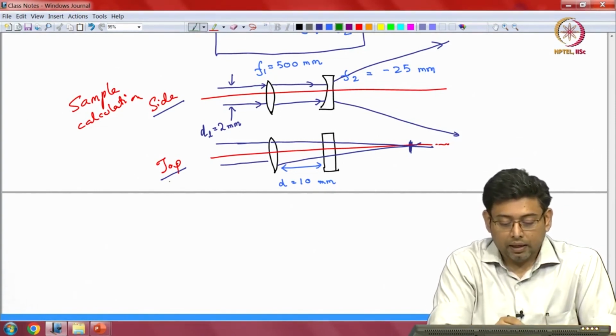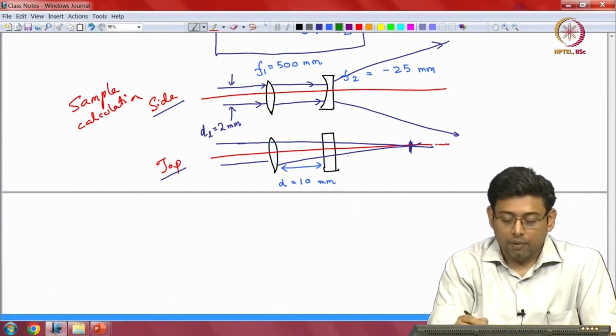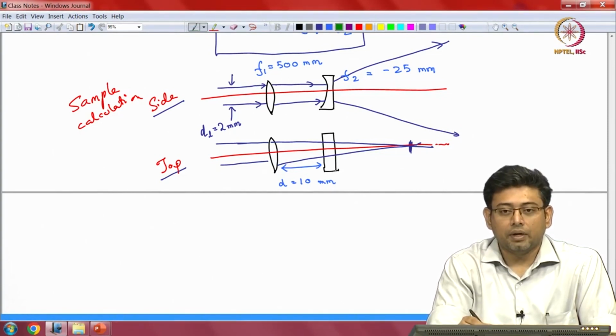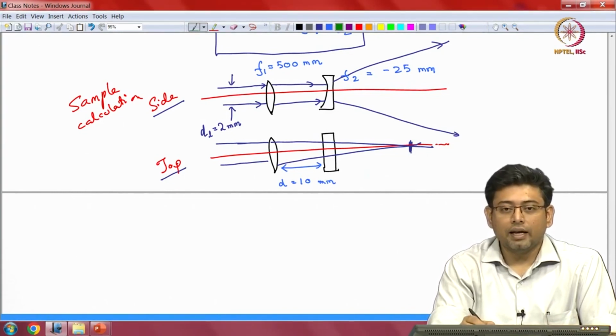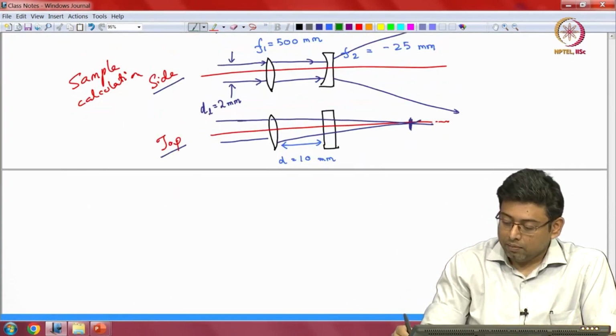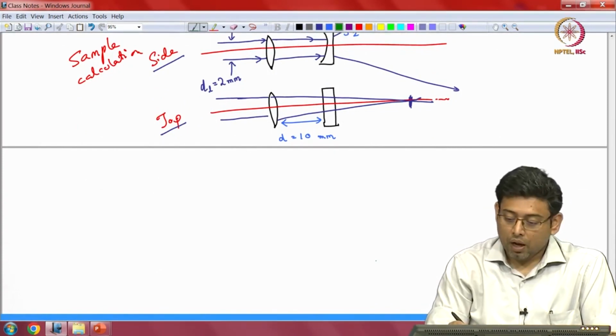This means that in the top view the collimated rays come and get focused 500 mm from the first lens. Because the second lens is just a rectangular slab, it does not affect the convergence of these light rays. So this distance is going to be 500 mm. This is not to scale, and this is a highly exaggerated image, so let us make sure that we take that into account.